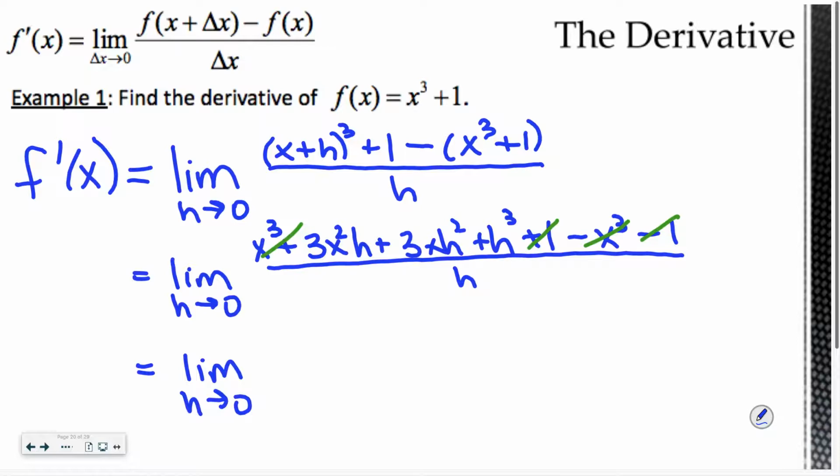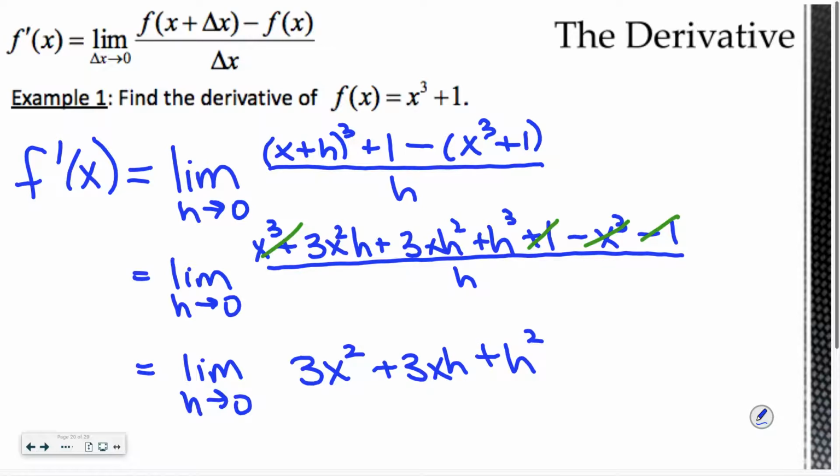We've made it to calculus. Is there a GCF of our numerator? Yes. What is it? H. And what's in the denominator? So if we factor out an h of the numerator, it's going to cancel with this h right here. So we're left with 3x squared plus 3xh plus h squared.